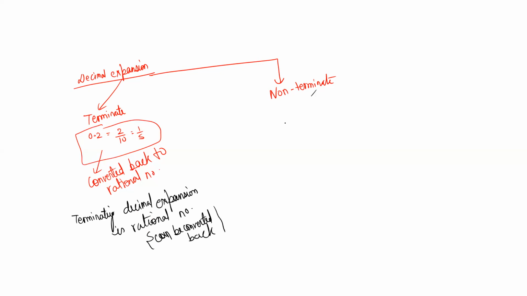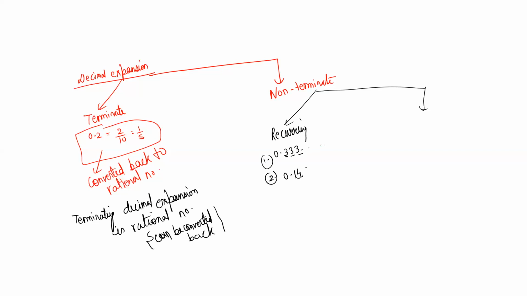Now in the non-terminating part, there would be two types. First type is recurring. Recurring means they are repeating, like 0.3333. They are not terminating, but they are recurring. They are repeating 3 again and again. I can give you one more example.